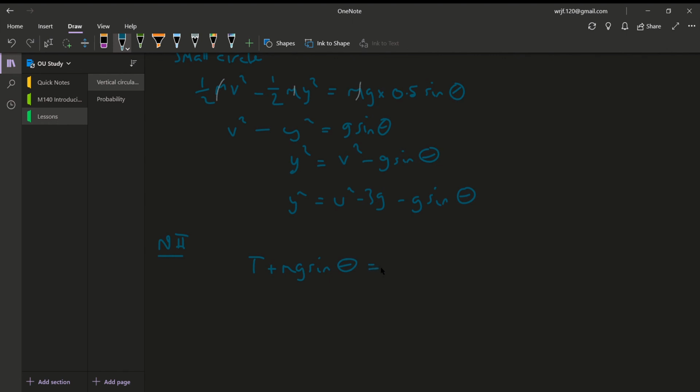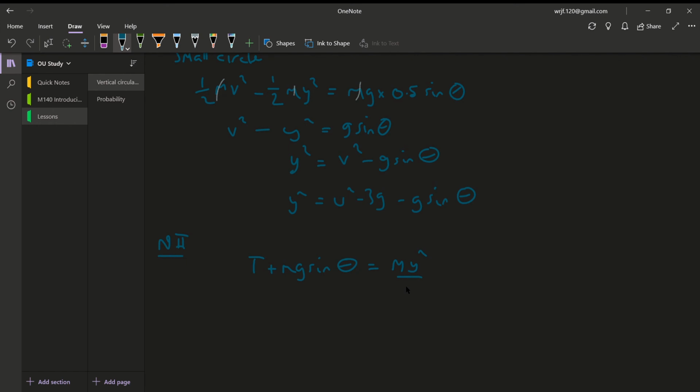And that's got to equal mass times acceleration. In any circular motion, this is going to be mv squared over r. Now I'm getting a little bit careful about my notation here. I don't want to use v because I've been using it for something else in the earlier part of the question. So this is now a y, isn't it? So that's my y squared over r.